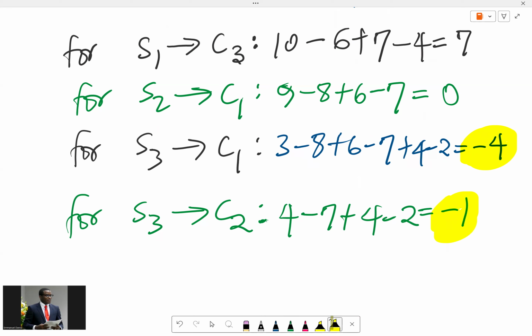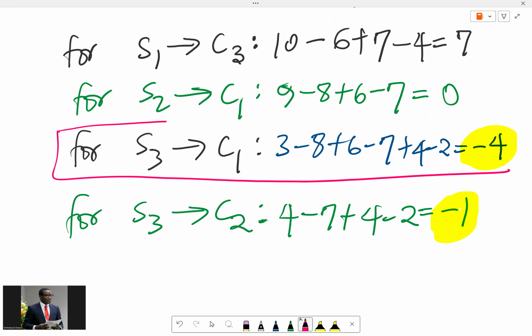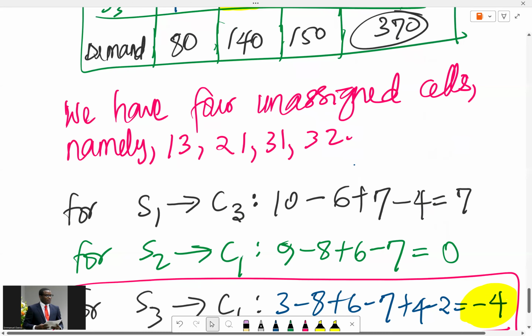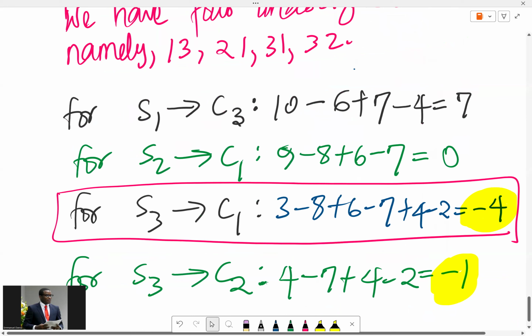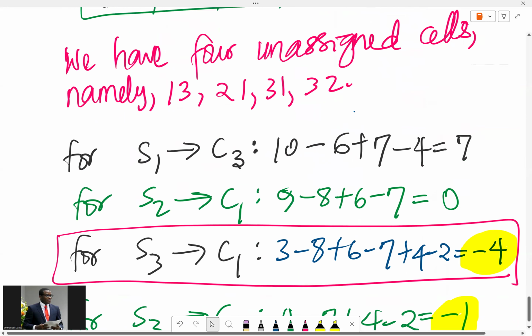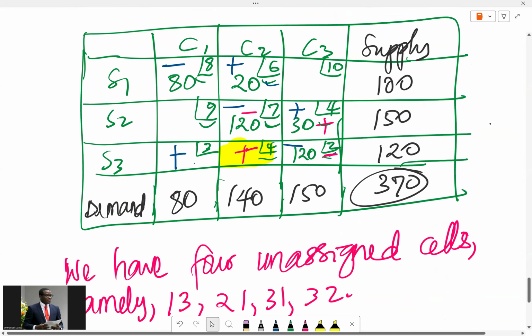And the particular one you want to improve is the one that is most negative. So it means that this most negative one will have a better impact. So in that case, we now look at cell 2, supplier 3 to consumer 1.